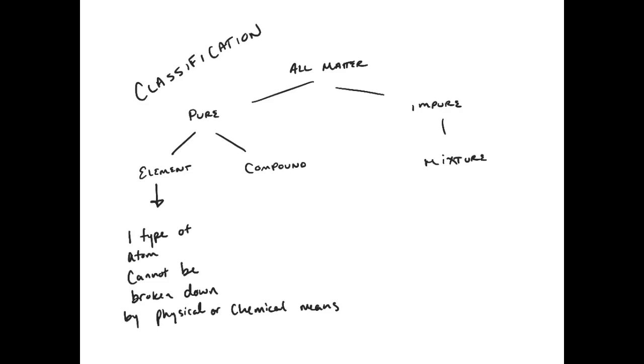Now, if we take two or more elements together, we chemically combine to get a compound. And what that means is that we get a totally different, unique substance when we combine these two. We'll look at an example here in a moment. But they chemically combine.